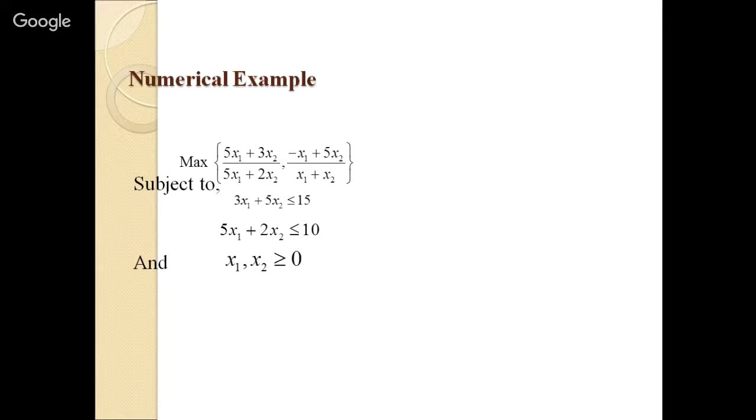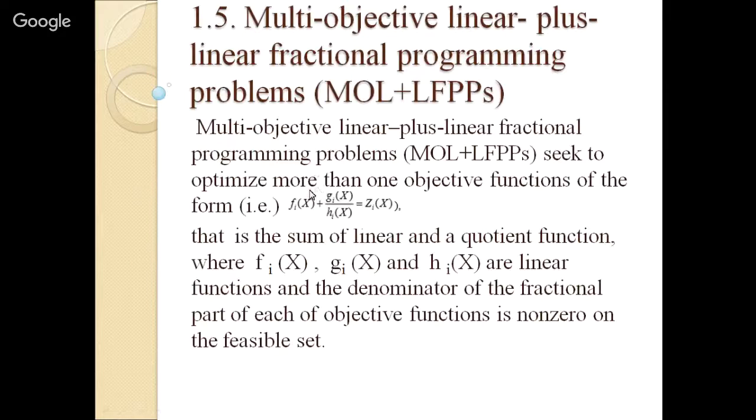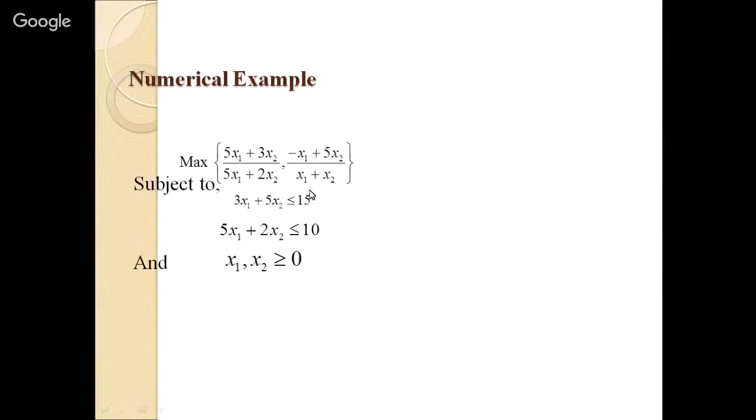We have taken these constraints, 3x1. This is a numerical example of a multi-objective linear fractional programming problem. You can see we want to maximize two objective functions. Both objective functions are in fractional form. Linear fractional would have only one objective function. Multi-objective linear fractional means there is more than one objective function, and the objective functions are in linear fractional form.